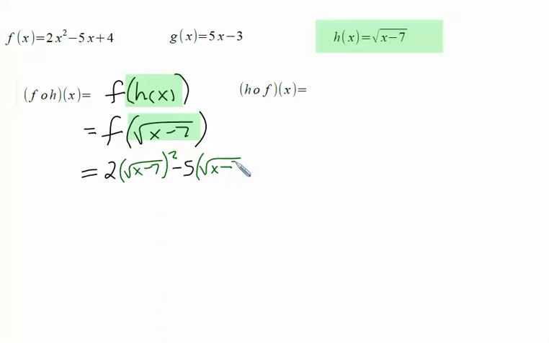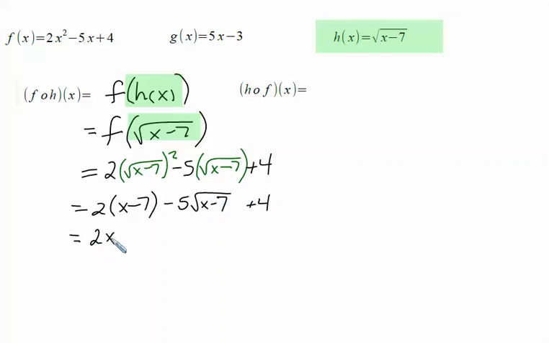I like to put parentheses around things when we make the substitution. Now when you square a square root, it cancels. So this is just going to become x minus 7. There's no further simplification we can do here, but this plus 4 is off on the side. So this will turn into 2x minus 14 minus 5 radical x minus 7 plus 4.